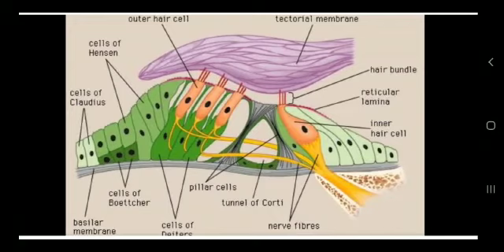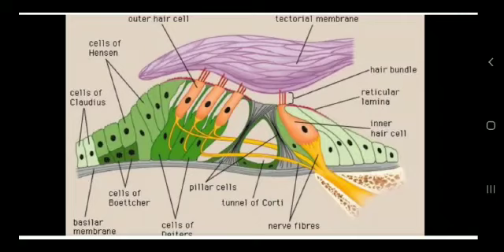Next, the nerve supply of the hair cells. The afferent fibers supplying the hair cells constitute the cochlear division of the 8th cranial nerve, that is the vestibulocochlear nerve. We have two divisions, one is the vestibular part and the other is the cochlear part. The afferent fibers from the hair cells form the cochlear division of the 8th cranial nerve.